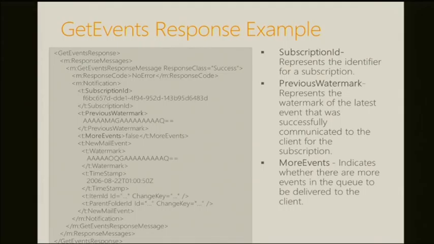If the events in the queue overrun that page size, more events would be set to true, and you would know to call get events again with the updated watermark, and continue through and hydrate the event queue on the CAS server for that subscription. You also get a timestamp, and you get the parent folder ID and change key. So if you're monitoring multiple different folders within a mailbox, or say subscribe to all folders, you get the parent folder ID for all of the individual changes, so you could go back and know what folder has changes in it.